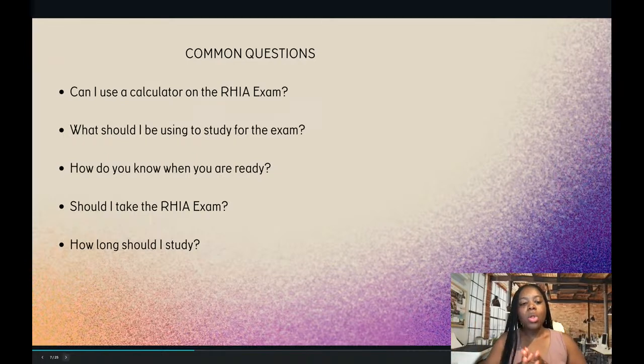Okay. How long should I study? That's the last common question that I get. How long should I study? And my answer to that is study once again until you have the ability to teach others the concepts that you need to know for the exam, and study long enough to where you can see a list of RHIA questions and easily answer them without a bother, or RHIT without a bother.